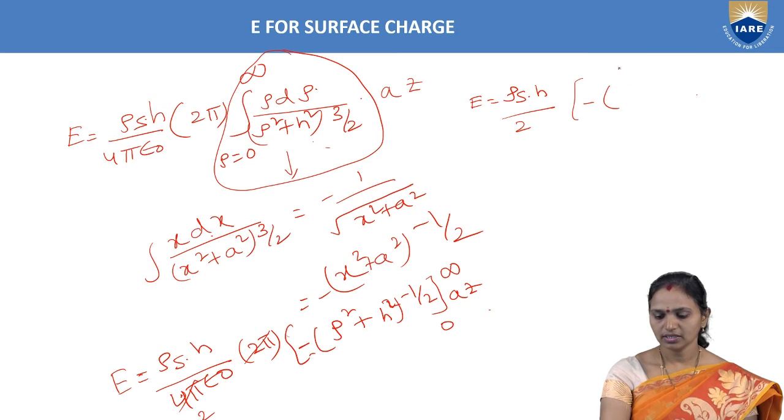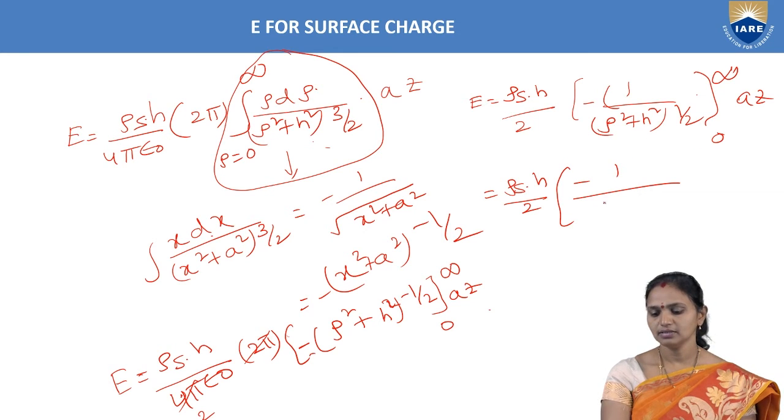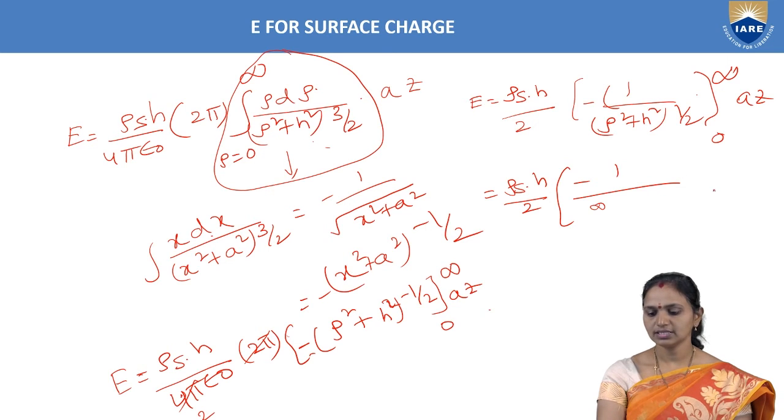Or this is better if you take it as 1 by rho square plus h square whole to the power of 1 by 2, and the limits are 0 to infinite. Resultant is along z axis. So rho s into h by 2, minus 1 divided by the infinite term, that will result in infinite square plus h square.